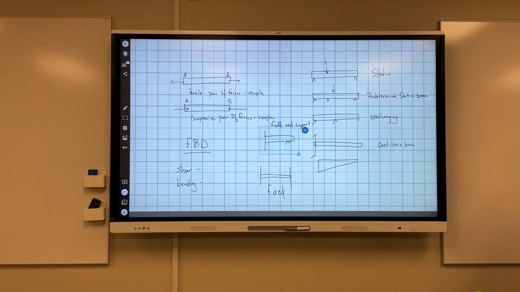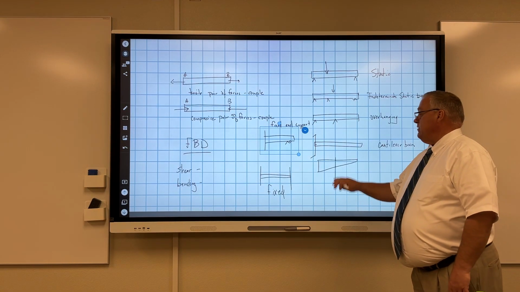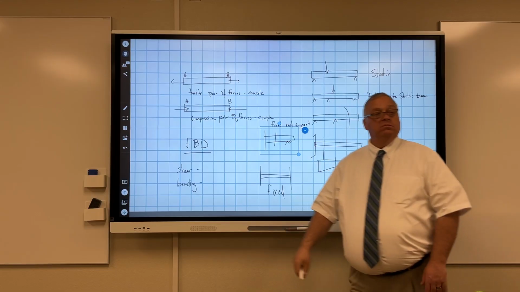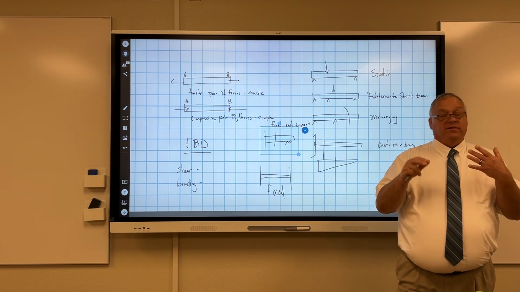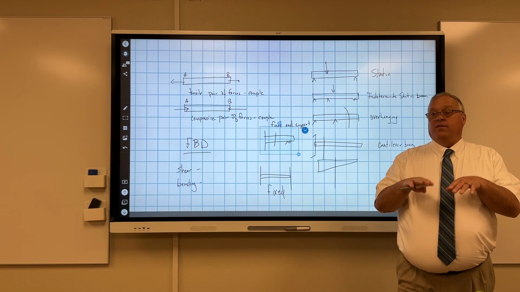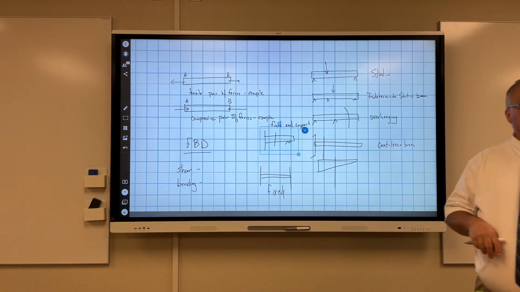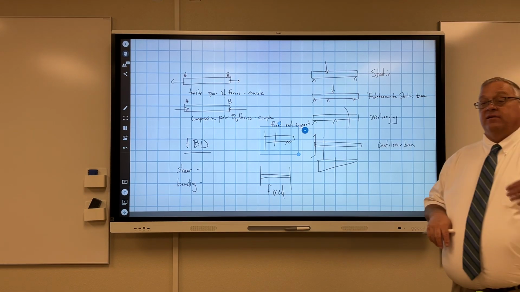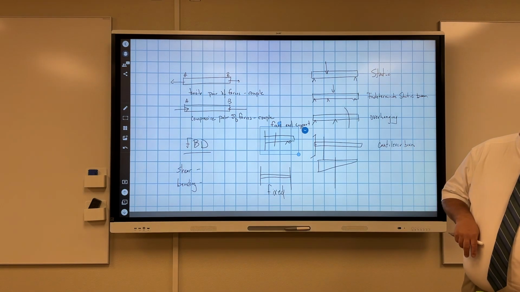Bending would be a twist or an arc, okay? But what would shear be? Separation. Separation at some point of our beam. Why is it separating? Because the forces exerted on that point are greater than what the beam can withstand, okay? So we're going to be looking at shear forces and bending.